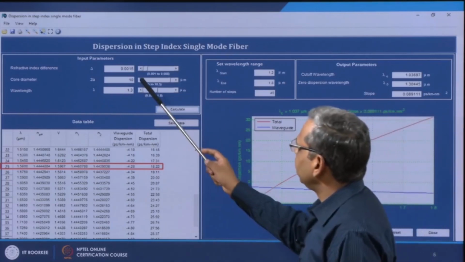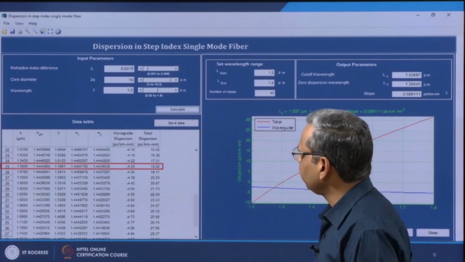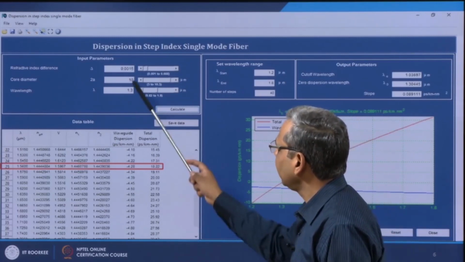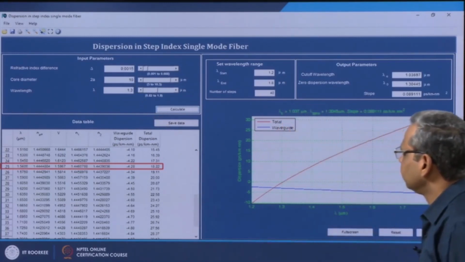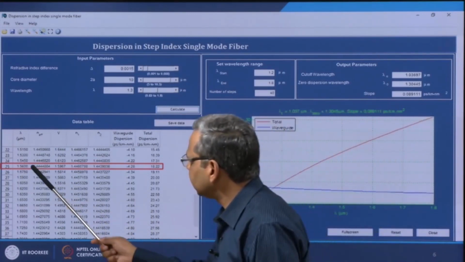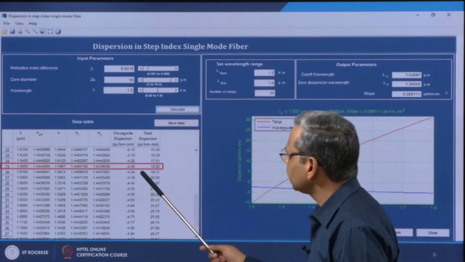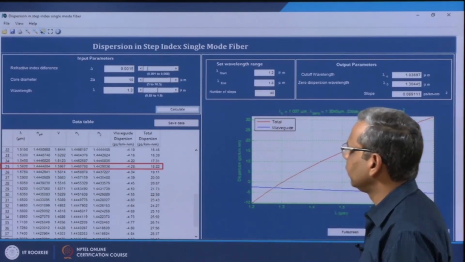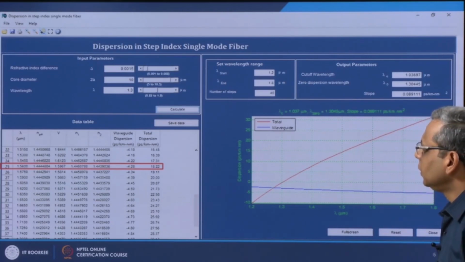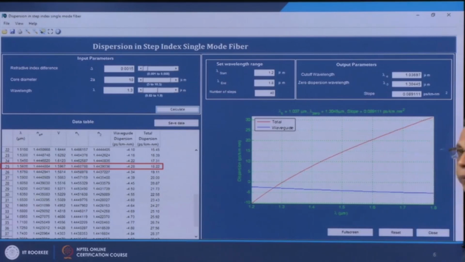So, this is when delta is equal to 0.0015, that is 0.15%, and core diameter is 10 micrometer. Then I see that at around 1560 nanometer wavelength, my waveguide dispersion is minus 4.28 picoseconds per kilometer nanometer, and the total dispersion is about 18.22 picoseconds per kilometer nanometer.